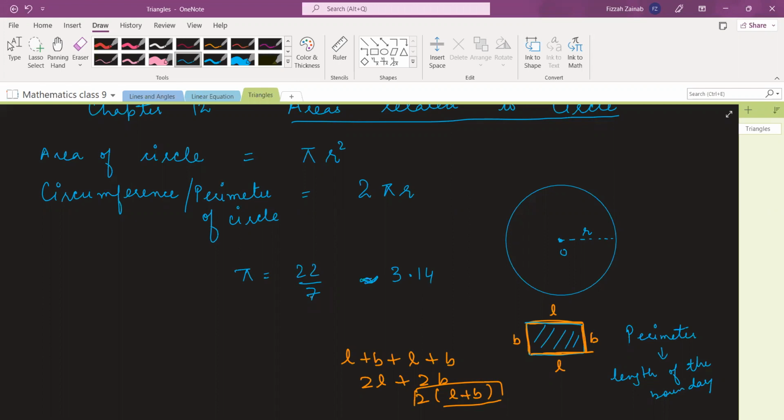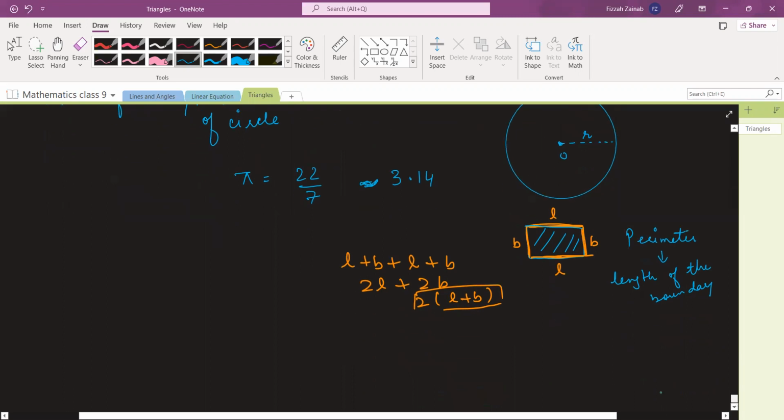You can divide this and see yourself, it will not terminate. But for calculation purposes, we take it as 3.14. Is that okay? So I think we should come to the question now directly, and then we will see whatever is required here.